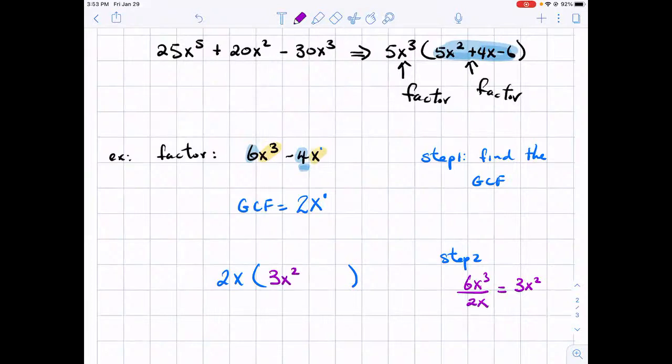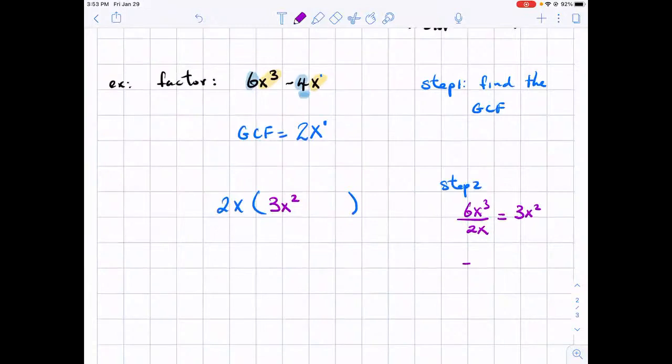And then I do the same thing again. What is minus 4x divided by 2x? So the x's will cancel out, and minus 4 divided by 2 will give me minus 2. And here we get a minus 2. So this here is called a factor, and this here is also called a factor.